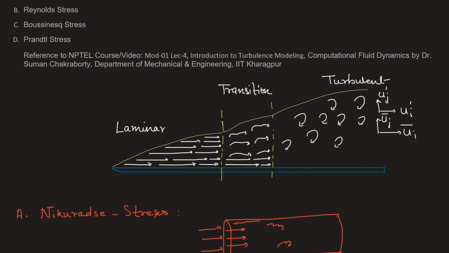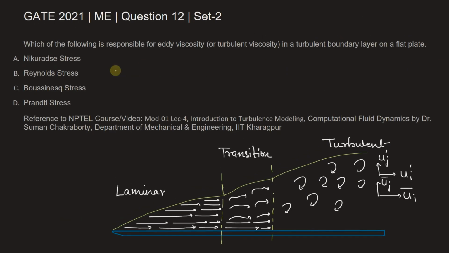So you see here, because of this Reynolds stress, the turbulent viscosity or the eddy viscosity is generated, or rather we can say the turbulent stress theorem is used to determine the eddy viscosity and turbulent viscosity on the flow over a flat plate. So from the given explanation, we can say that option B is the correct answer.